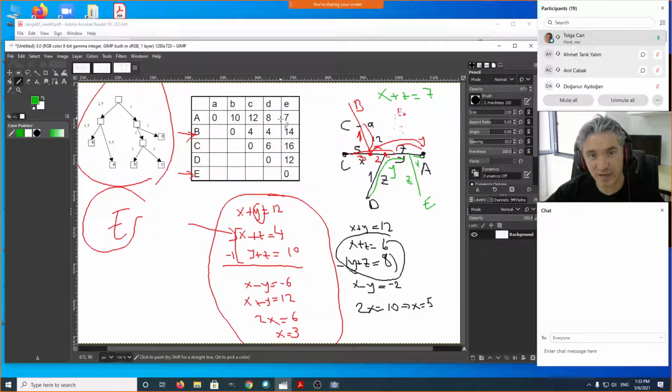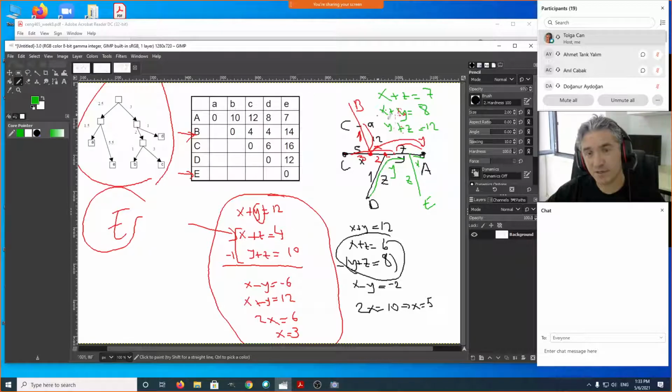The distance between A and E. The distance between A and D is 8. So X plus Y is equal to 8. And Y plus Z, the distance between D and E, is 12.